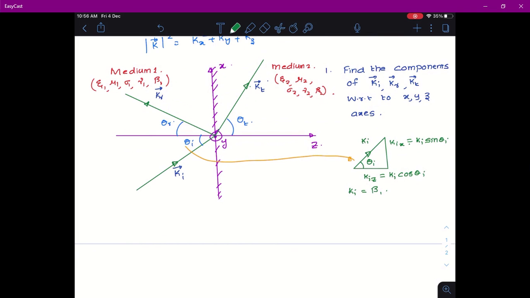Why beta 1? Because we are considering a lossless media, ki is equal to kr is equal to beta 1. Okay. So here actually we are considering the magnitude. Let me make it clear. This is actually the magnitude of ki.